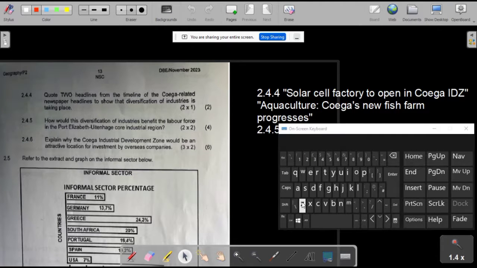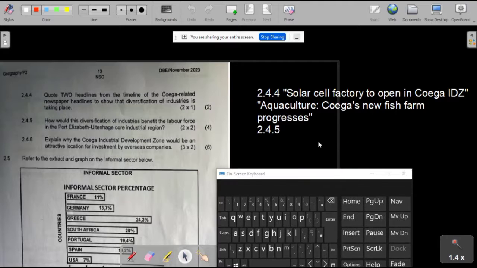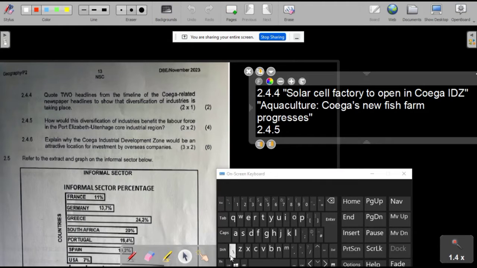So 2.4.5. How would this diversification benefit the labor force in the Port Elizabeth Uitenhage core industrial region? Okay, how is it going to benefit them? Well, skills development.